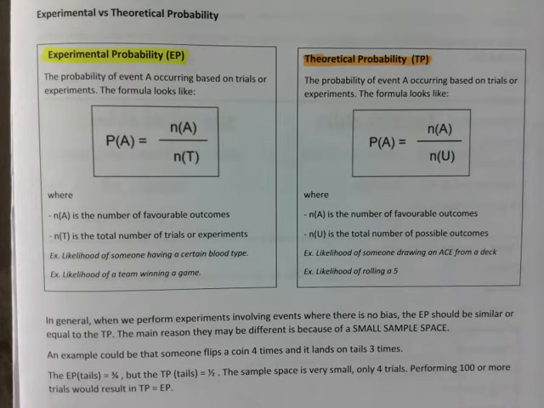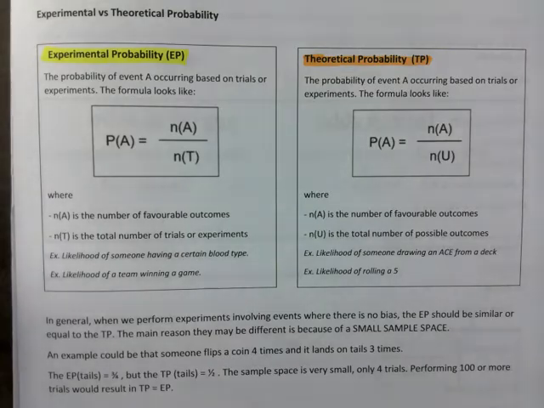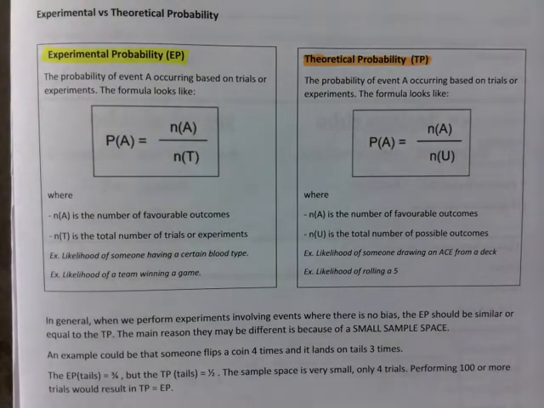Yeah. So for example, drawing an ace in theory: how many aces are there? 4 out of 52. In theory. But do you think that if I draw 52 cards randomly, I will actually have gotten 4?